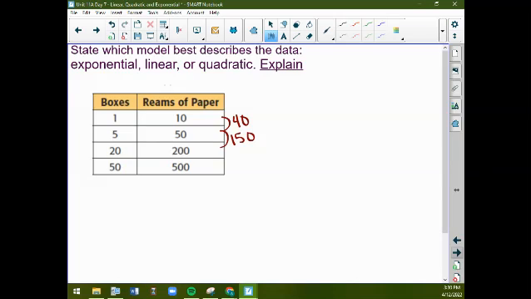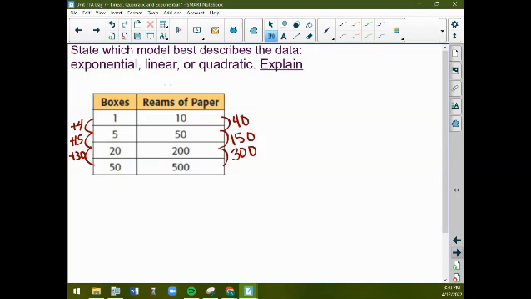And then 200 to 500 is 300. So at first glance, it doesn't look like it, but what's happening to the x values? Adding 4, okay? And then for this one, I'm adding 15, okay? And this one, I'm adding 30.